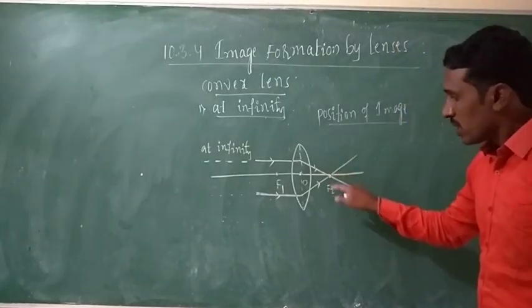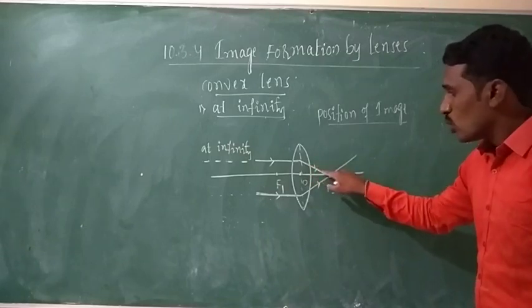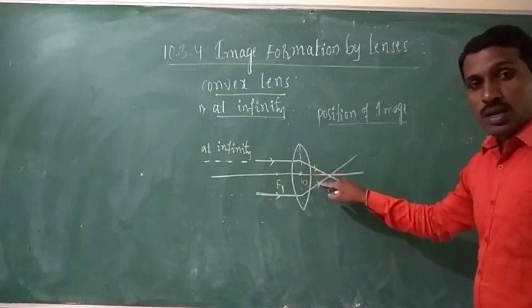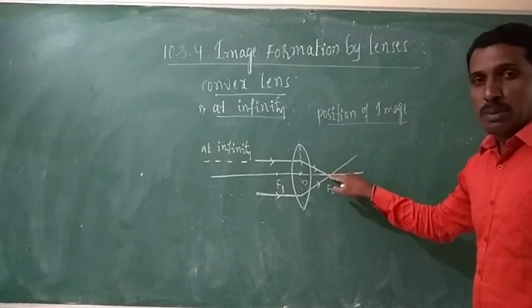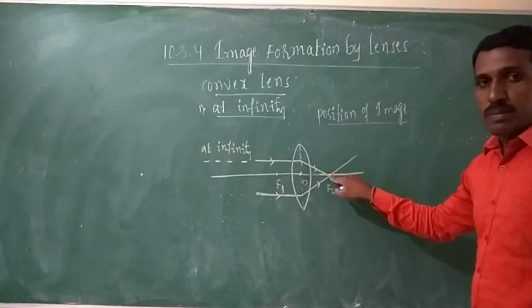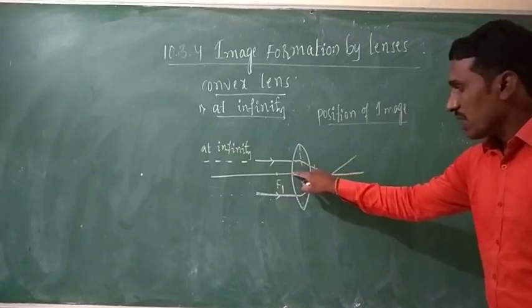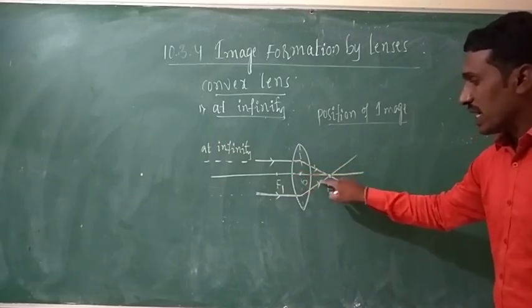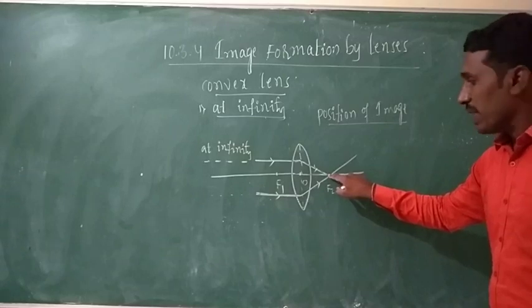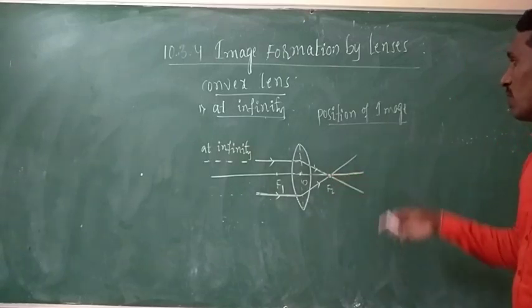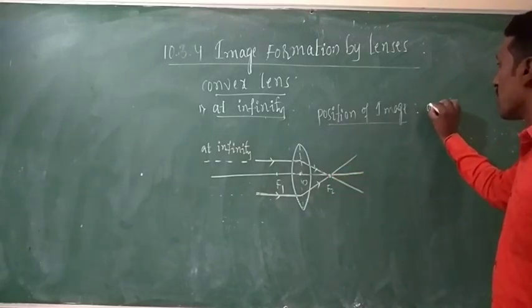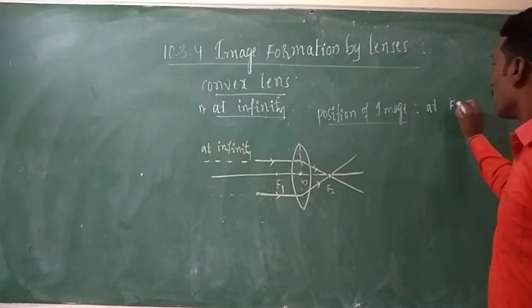Image means what? Where two or more refracted light rays meet, at that point the image will form. See, refracted ray 1, refracted ray 2, refracted ray 3. These three rays are meeting at this point, here the image will form. Position of image is at F2.